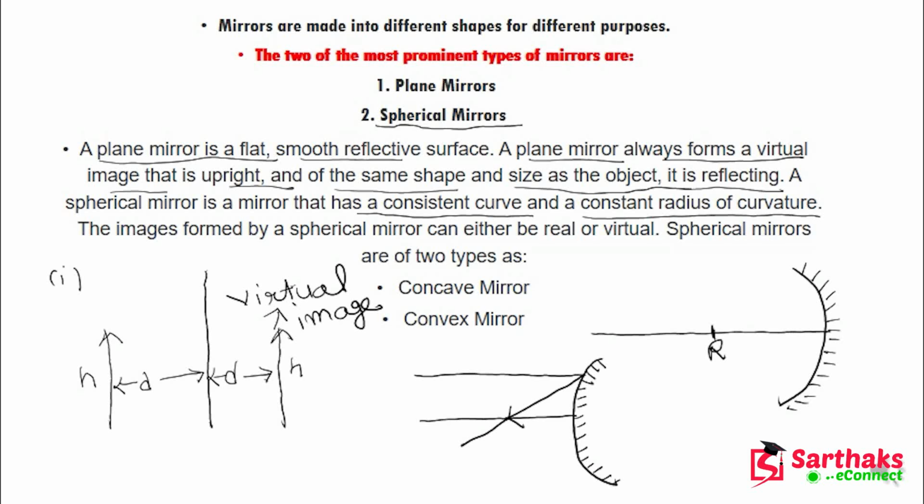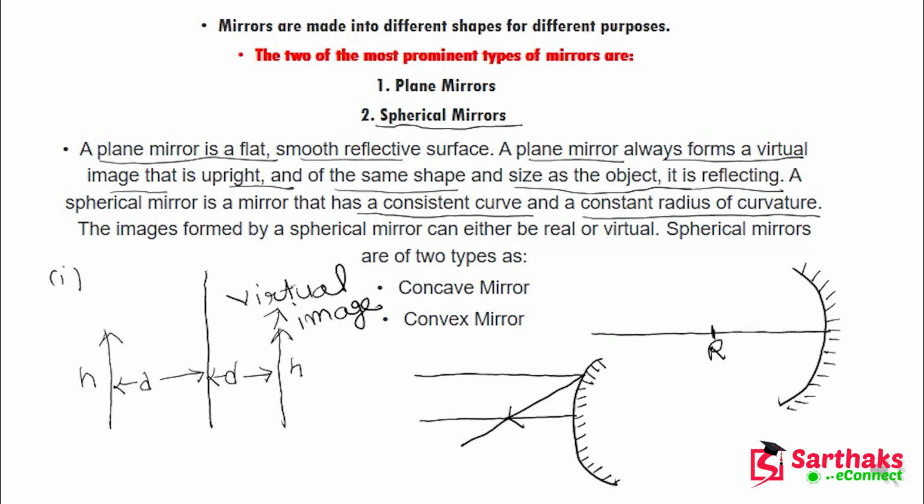For now, you just need to understand that spherical mirrors have a constant radius of curvature. But a plane mirror has no radius of curvature.